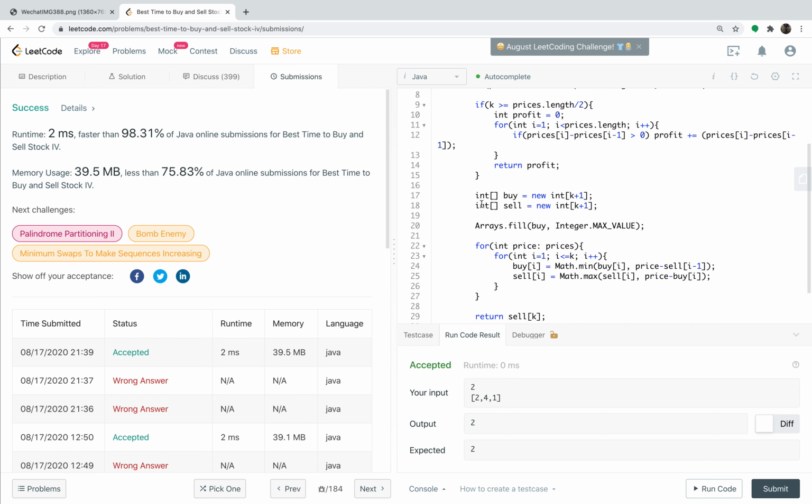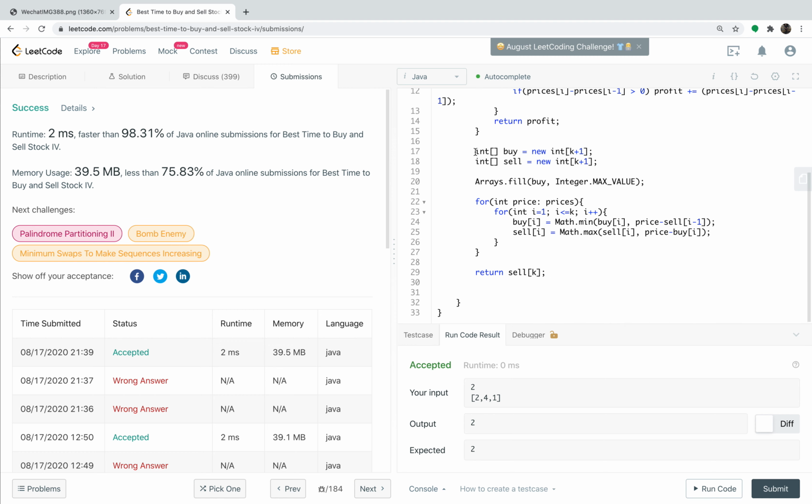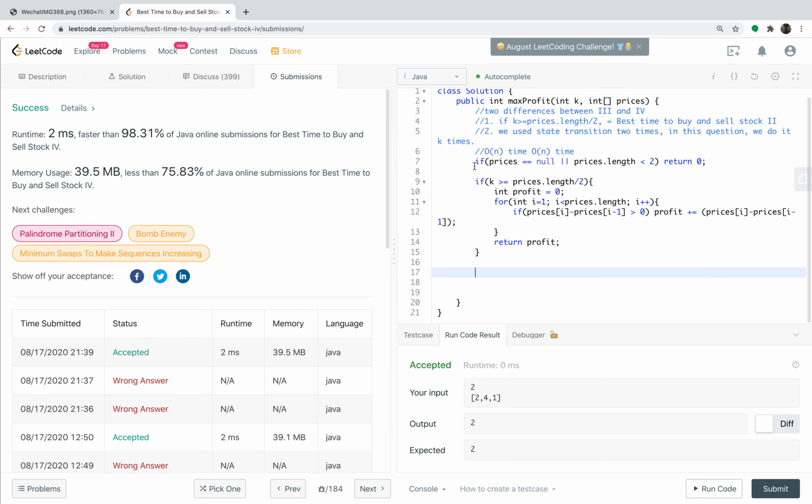Actually, if we use dynamic programming, the second part should be different, but the first part is the same, because in general, if k is larger than or equal to half of the prices length, then we can just return the profit.